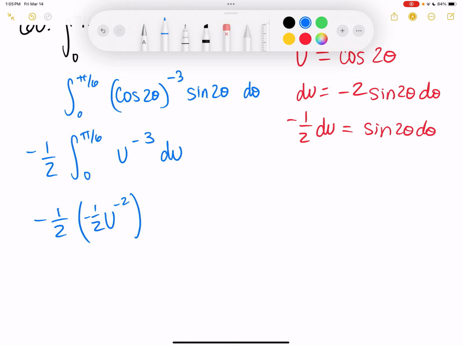Yep. Oh, I keep trying to evaluate before I plug back in, and I want to plug back in first. So negative 1/2 times, or just to appease Josh, positive 1/4. Thank you. Much appreciated. Cosine 2 theta to the negative 2, evaluated from 0 to pi over 6.